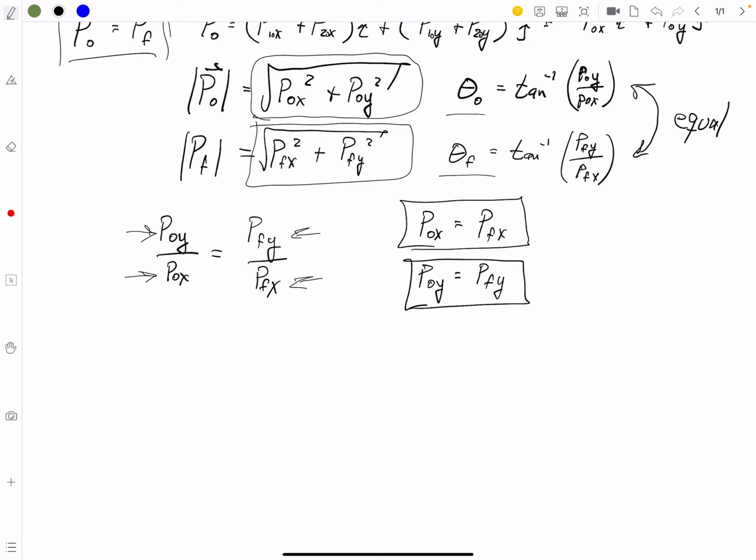Everything's going great. Now we can go back and look at not just two particles. Let's look at all the particles in our box. So I'm going to draw a box over here. We're going to have all of our particles.